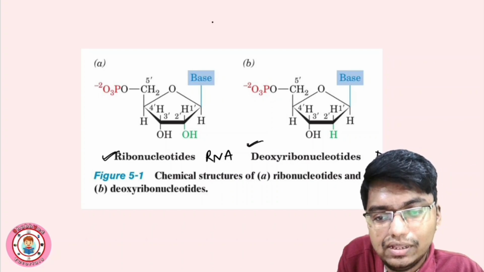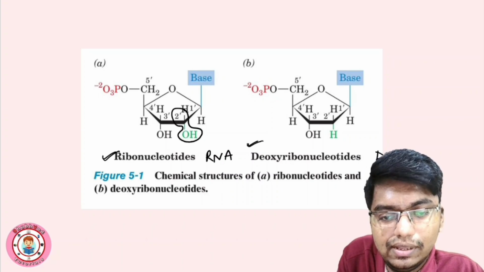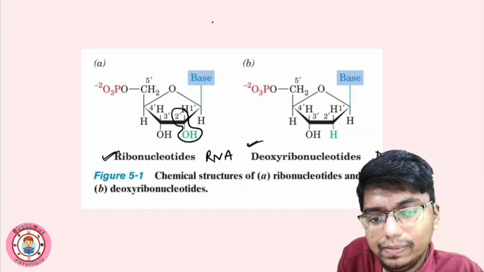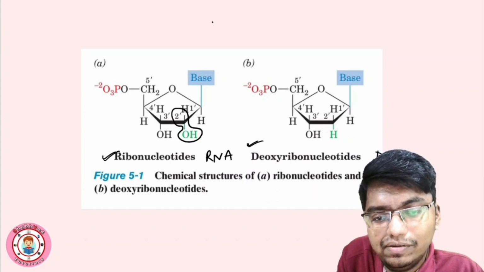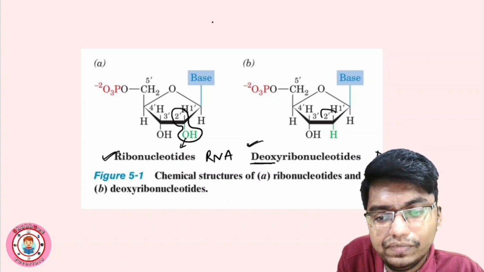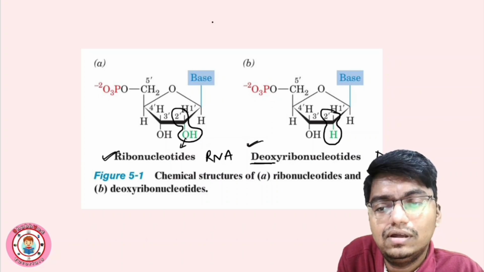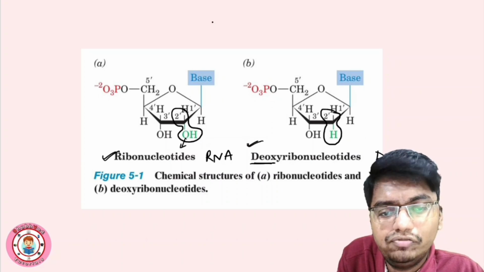See, 2' OH is present in ribonucleotide. And when oxygen is removed, that is the deoxy form. Deoxy form you can see here, on the second carbon of ribose sugar.